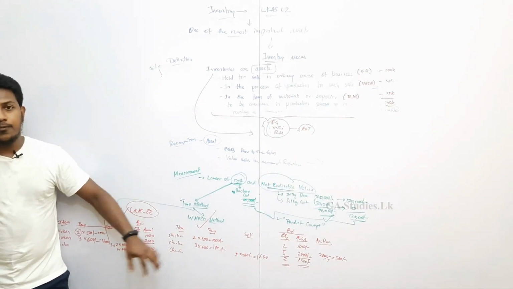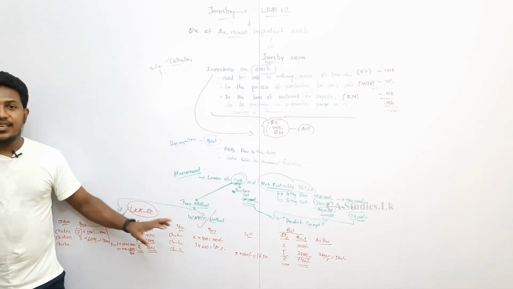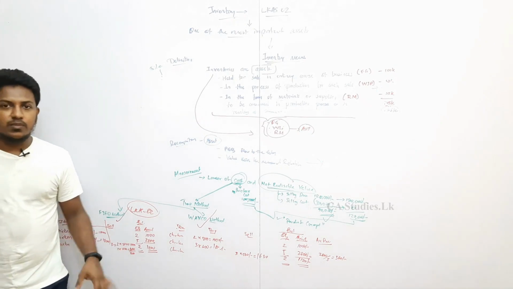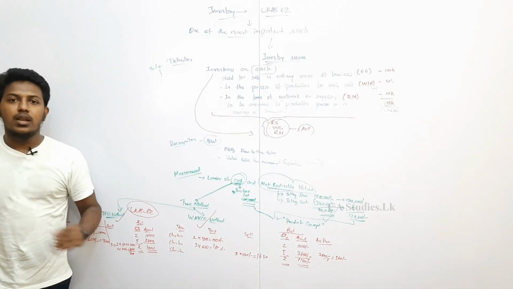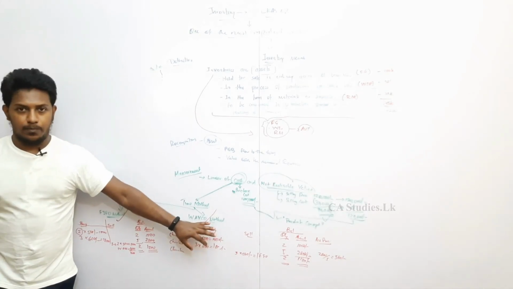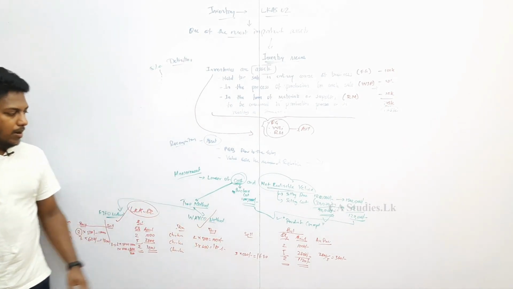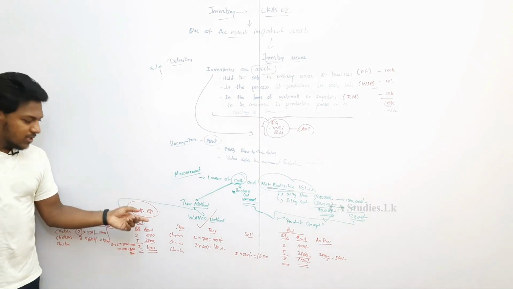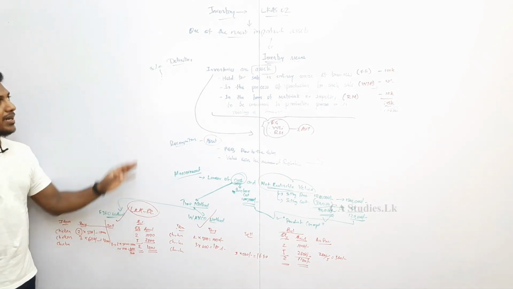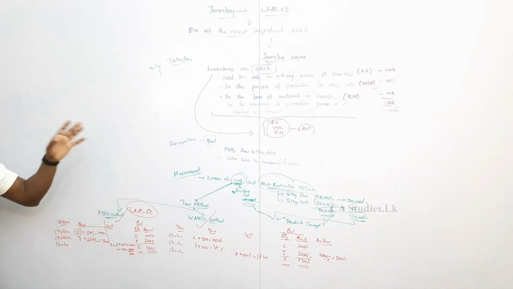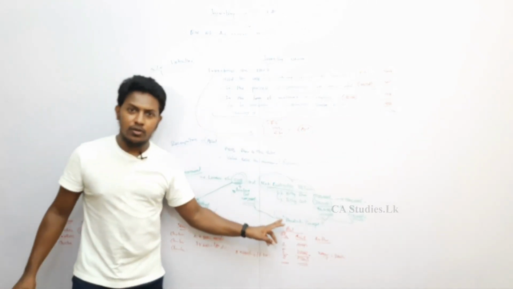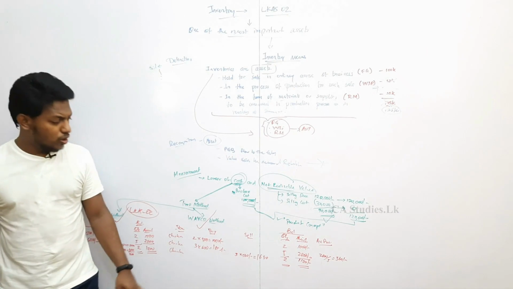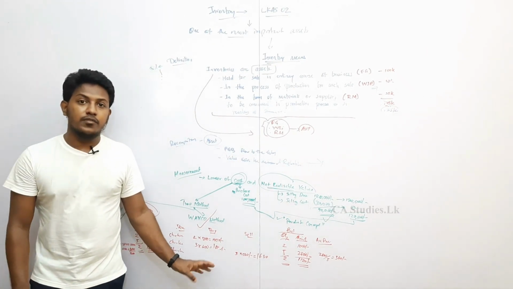The average cost method is the easiest method and recommended by many businessmen. It's the easiest method, right? Therefore, practically, normally all the companies are following average cost, right? Keep that in mind. But LKAS 2 and the conceptual framework recommend FIFO in order to follow the prudent concept, in order to make the economics of the financial information.